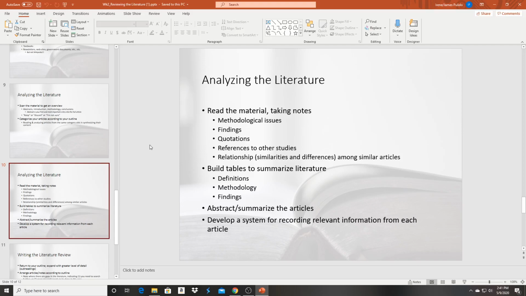You have a little code where you want to talk about codes, and a subset of that is all your yellow tags that are symptoms, and all the little blue tags that are doctors that talk about the importance of colds and treating their symptoms. So you have to have it very organized. Build tables to summarize literature, definition, methodology, and findings. Have all this, again, organized.